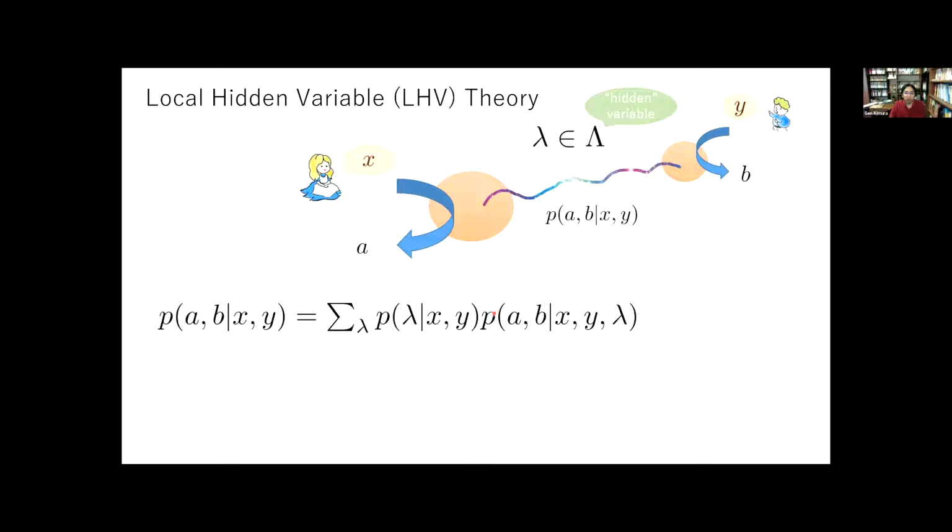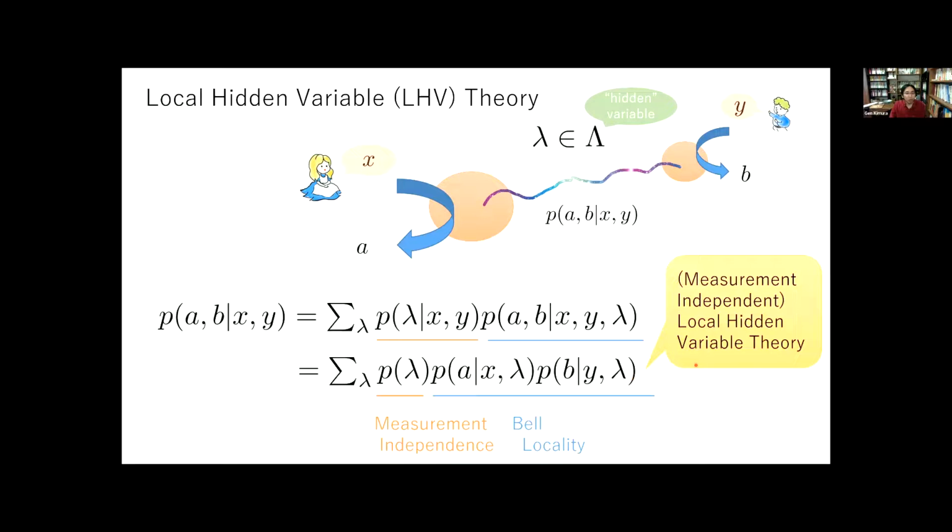And hidden variable theory assumes that there exists a hidden parameter lambda, such that the empirical probability is derived by averaging over the hidden variables like this. And in this talk, I use a summation symbol here, as it turns out that the case where the number of hidden variables is finite is interesting. But of course, in general, you should replace it by the integral symbol if necessary.